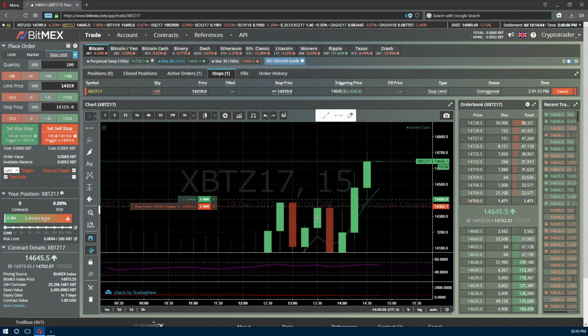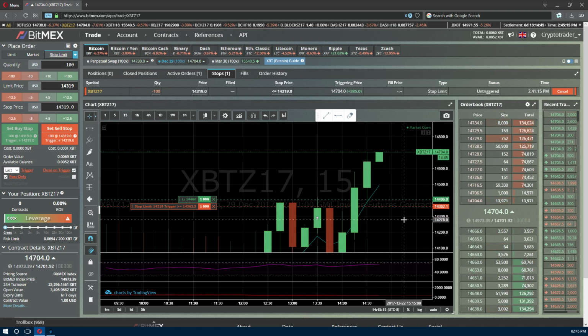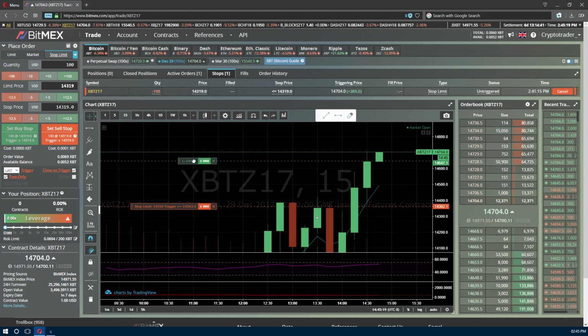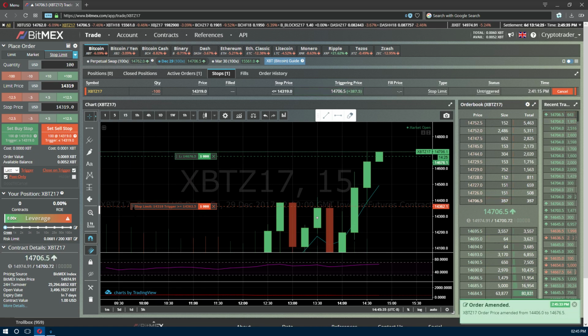So it appears that the bulls are in control right here. Bulls are definitely in control still. Enter this market. Right there, amending, and then I would enter this stop right here.